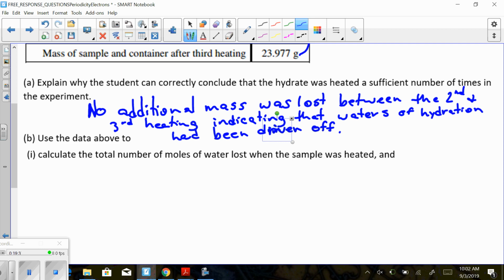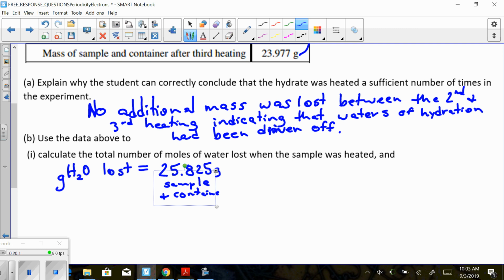If you want the number of grams of water lost, to calculate moles, looking at our data above, we would take the mass of our sample that still had water, 25.825 grams, which is the sample and the container, minus the mass when it reached that constant mass, 23.977, this last mass over there, which is the sample and container after heating.